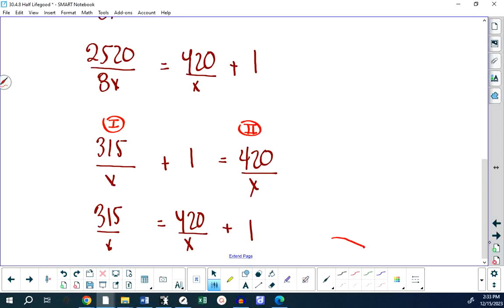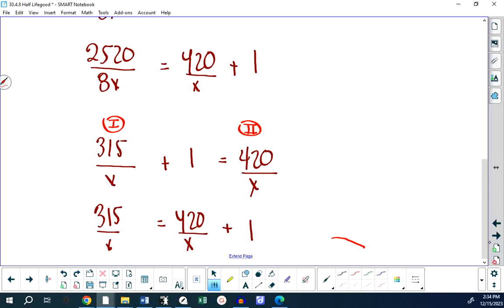So, from a purely mathematical standpoint, not reading the question, 420 over x is bigger than 315 over x, because the numerator is bigger. So 420 over x, if you're watching this on video, I'm holding my hands out like I'm holding the same weight on each hand.